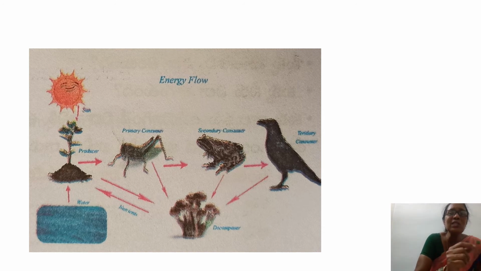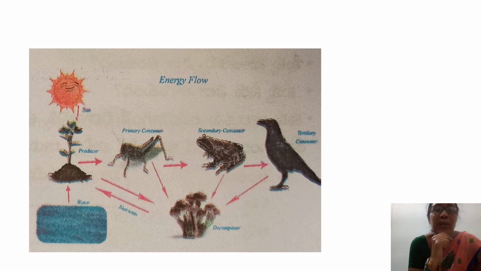Energy is being transferred; energy is flowing in this food chain. So who is the primary consumer here? First of all, who is the producer? The plant is the producer. Who is the primary consumer? Grasshopper. Secondary consumer? Frog. Tertiary consumer? Crow. Then decomposers. So consumers higher than the crow come under higher order consumers.